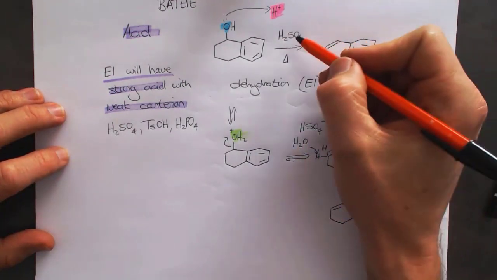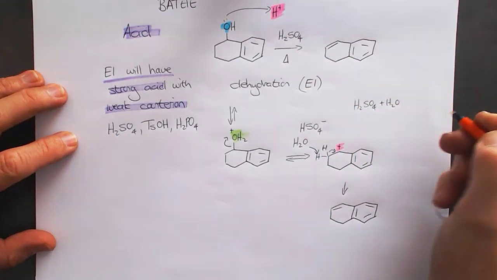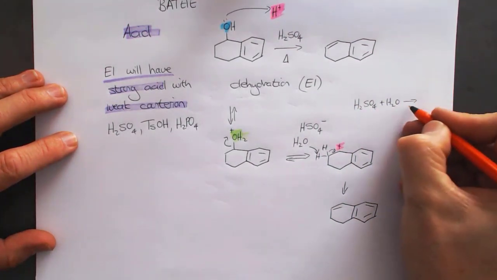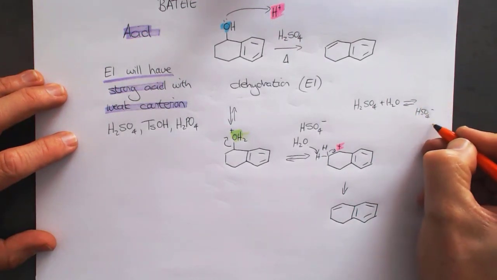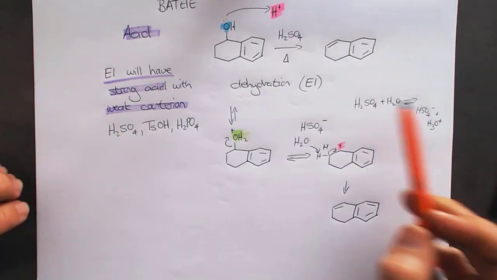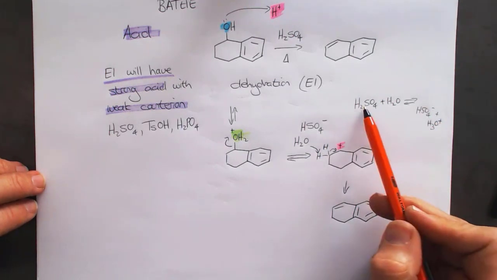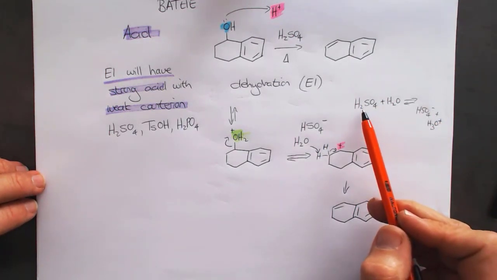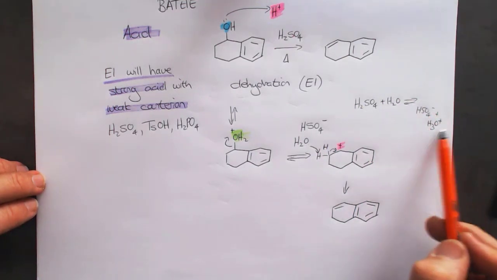Another way to think about it is what happens if you add H2SO4 plus water. We're going to get an equilibrium, and we're going to get HSO4 minus plus H3O plus, like that over there. And think about that equilibrium over there. Which side does it lie on? If H2SO4 is an extremely strong acid, the whole point of it being a strong acid is equilibrium lies on this side over here.